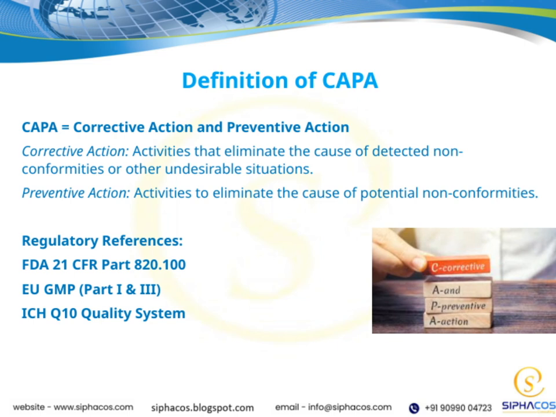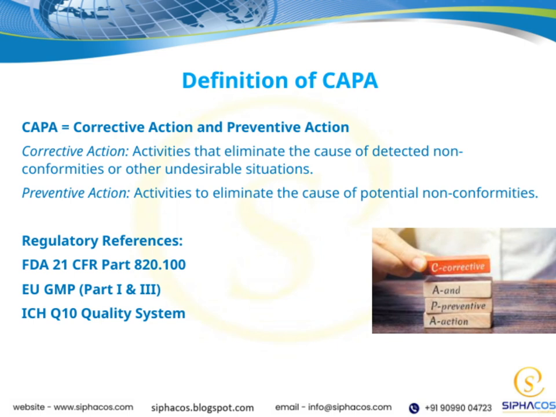Now, these concepts are supported by various regulatory references. For instance, the FDA 21 CFR Part 820.1 emphasizes the importance of CAPA in maintaining compliance. The EU GMP guidelines, particularly Parts I and III, also highlight the need for effective CAPA systems.